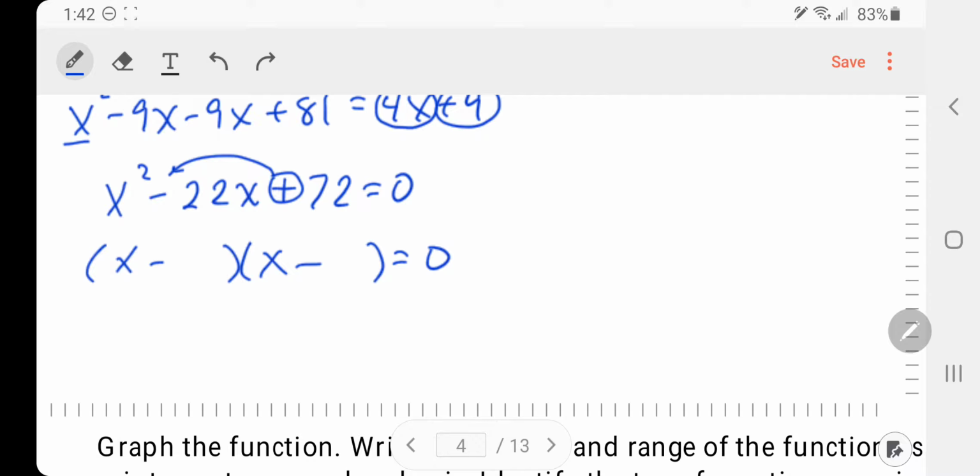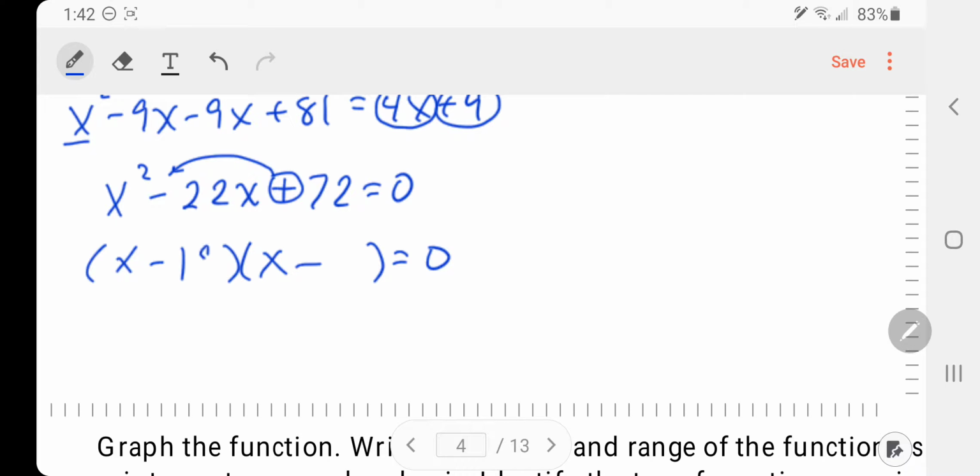Well, let's see. 8 times 9 is 72, but 8 plus 9 is 17. So, are there other numbers that multiply to make 72? Let's see here. 72 divided by 18 is 4. What about 18 times 4? Aha!